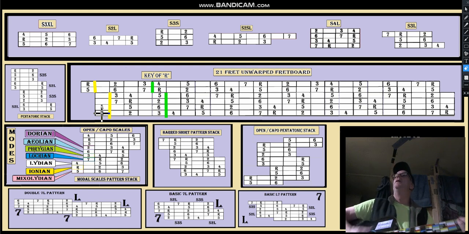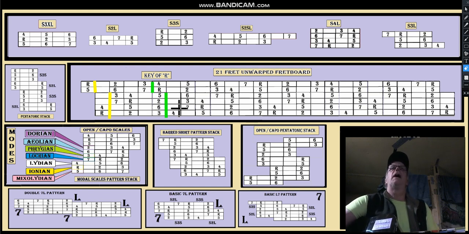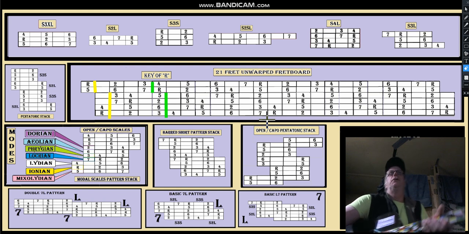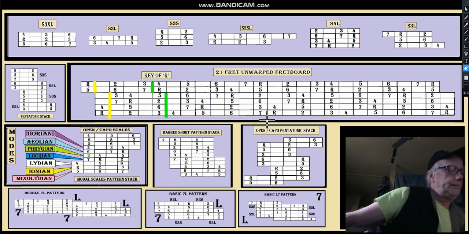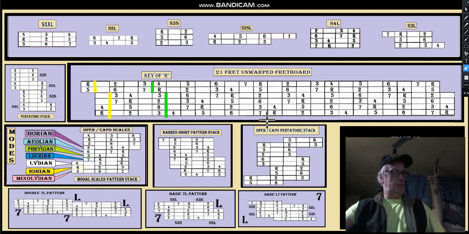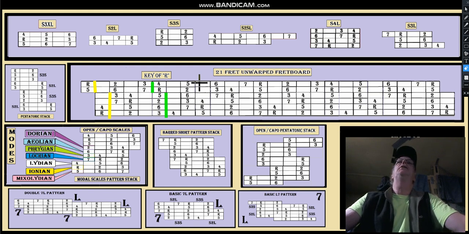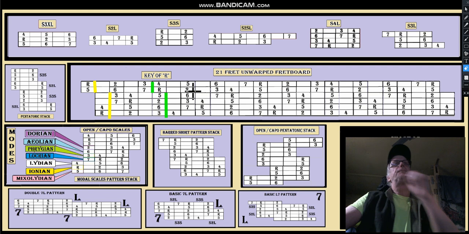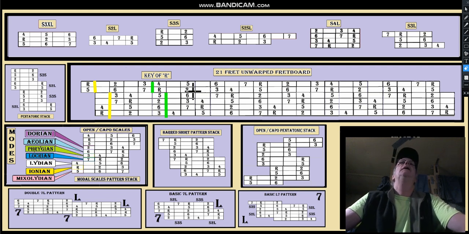Alright, so that's where this is at. It's just long enough to cover my keyboard, my lower tune guitar, and the normal tune guitar. Excuse me.